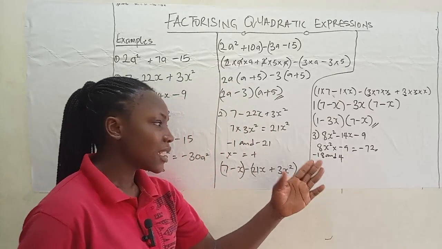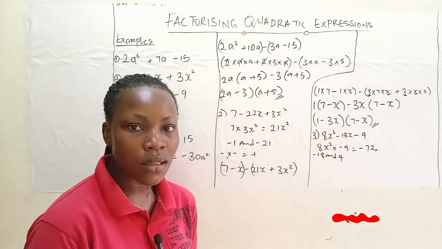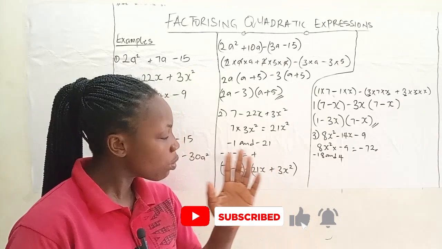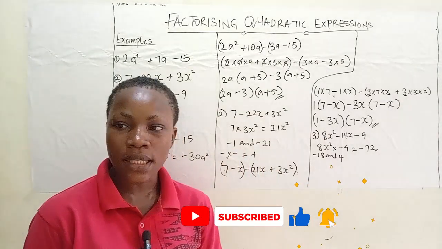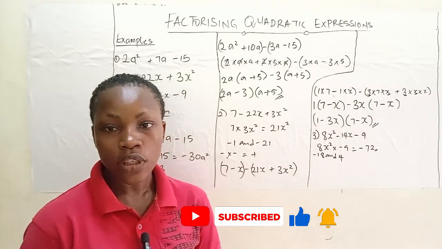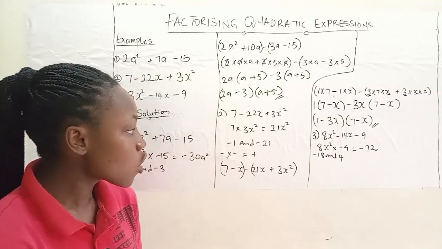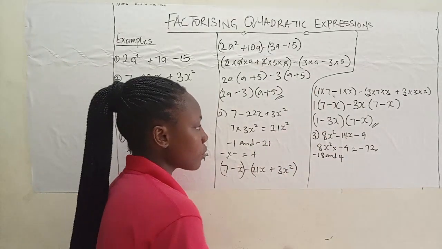If we add 4 to minus 18, it's going to give us minus 14. And if we multiply minus 18 with 4, it's going to give us minus 72. So we are substituting them.